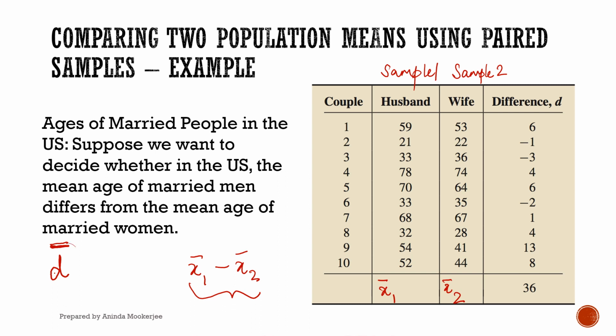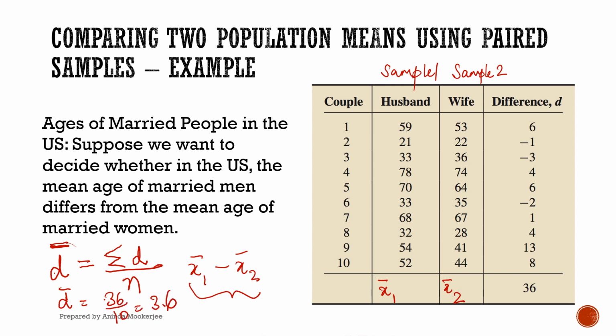The mean difference uses the same formula, but this time it is the sum of all these individual difference values, which was 36. So it will be sigma D, the sum of all the differences, divided by n, which is 10. So 36 divided by 10 is going to be 3.6.